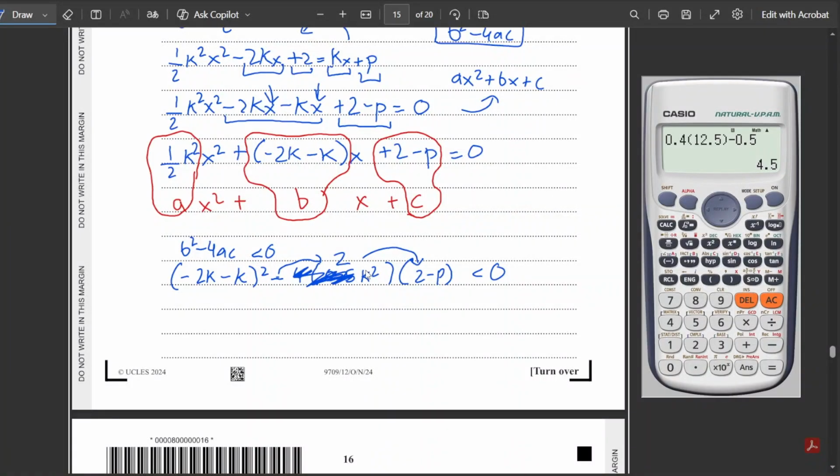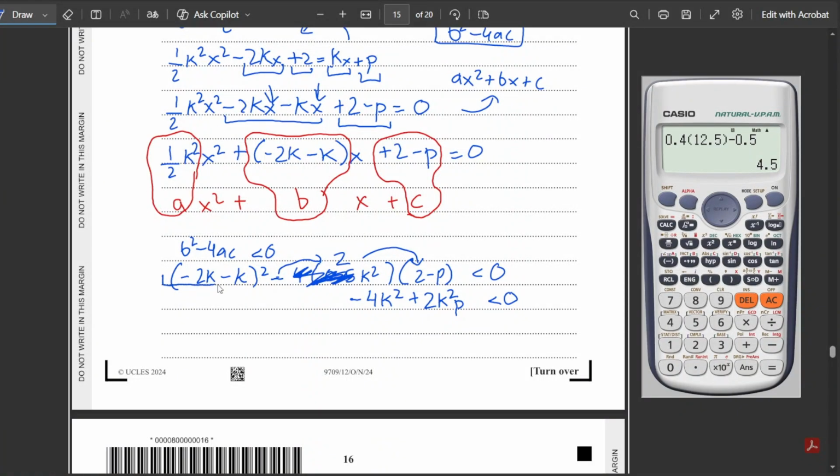So minus 2k squared times 2 is going to be minus 4k squared, and then minus 2k squared times minus p is going to be plus 2k squared p. I hope I did that correctly. So 2 times 2 is 4, then k squared, and then the minus becomes plus, and then 2k squared p. Okay, I did that correctly.